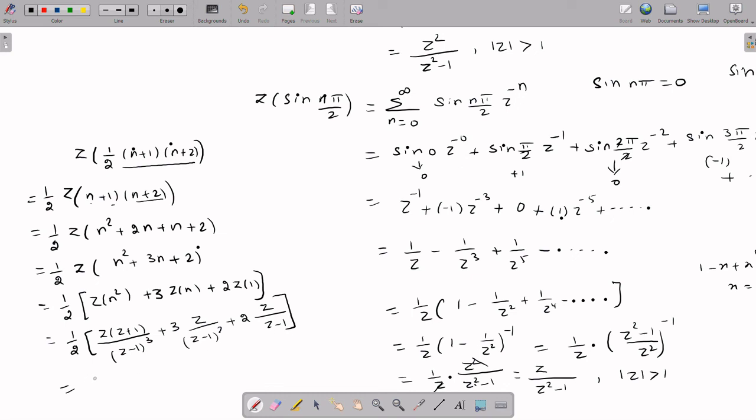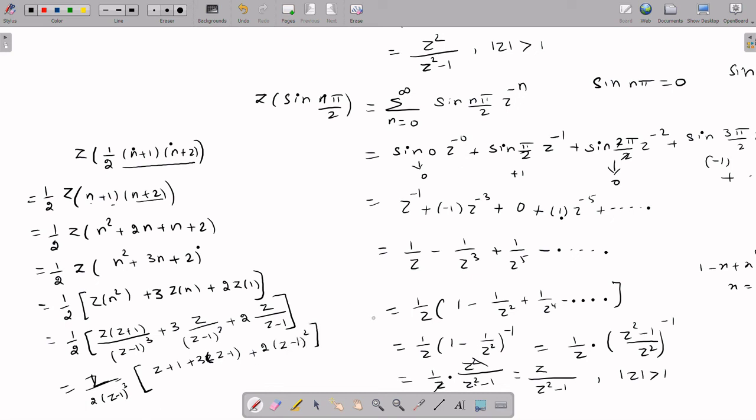We take z minus 1 whole square common, so we have 1 by 2 into z minus 1 the whole cube outside, and the remaining terms: z by z minus 1 the whole cube you can take. What about the remaining terms? z plus 1, plus 3 into z minus 1, plus 2 into z minus 1 the whole square is present here.